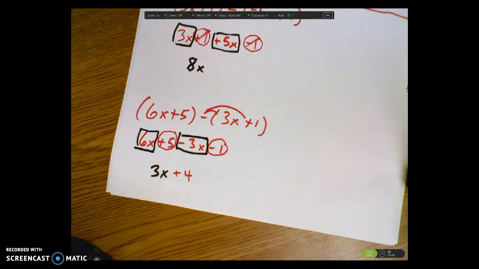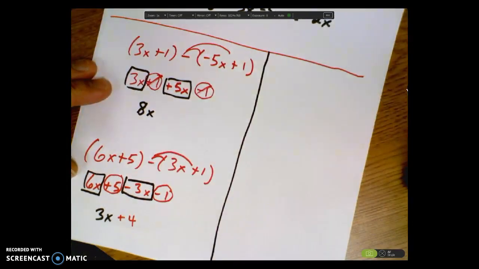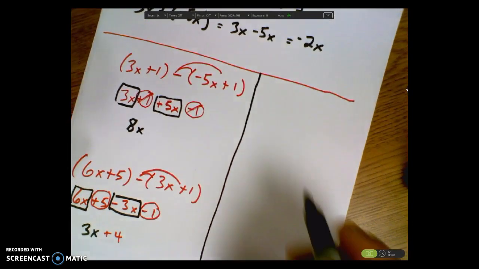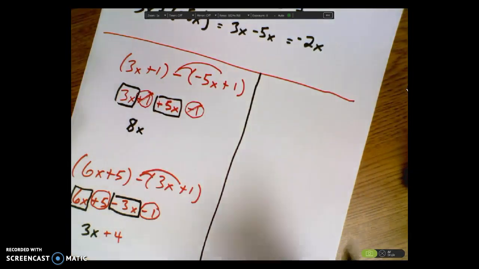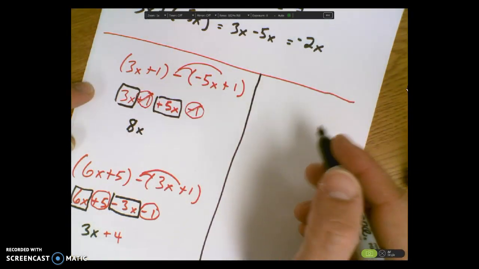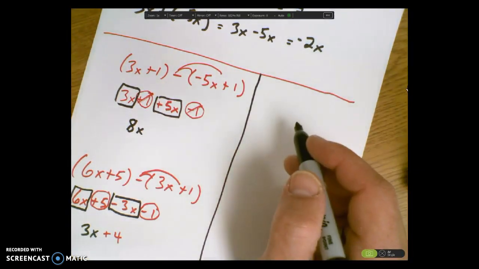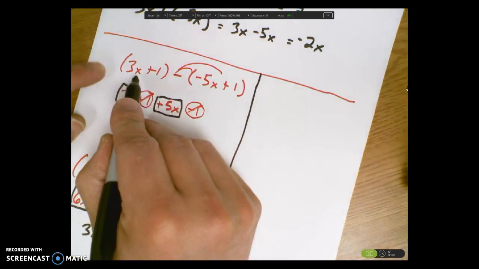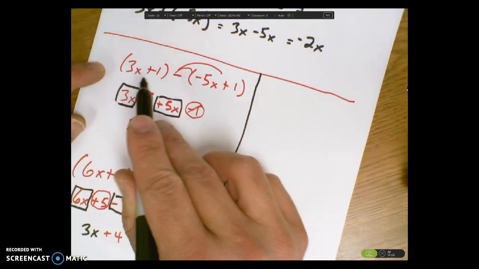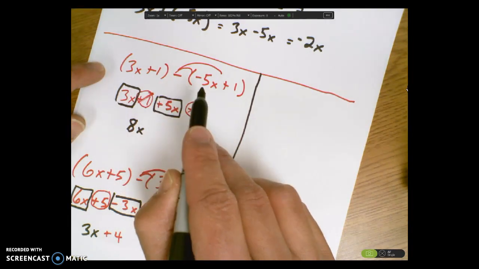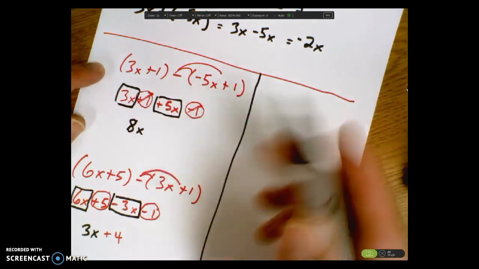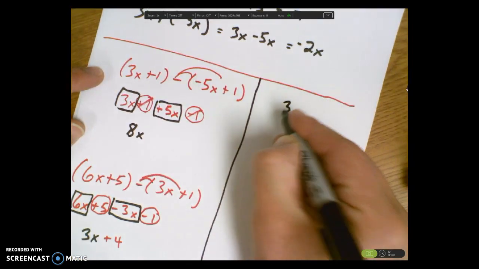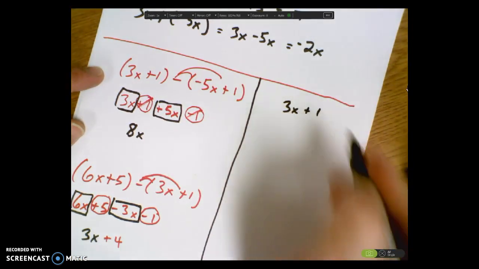There is another method. In fact, we're going to look at the same two problems with just a different method here. A lot of you guys like this when we did adding them, so it's called the vertical method. This is where that adding the opposite is really going to come into play. Let's take a look at this original problem, 3x plus 1 minus negative 5x plus 1. I'm going to write the first polynomial exactly as I see it.